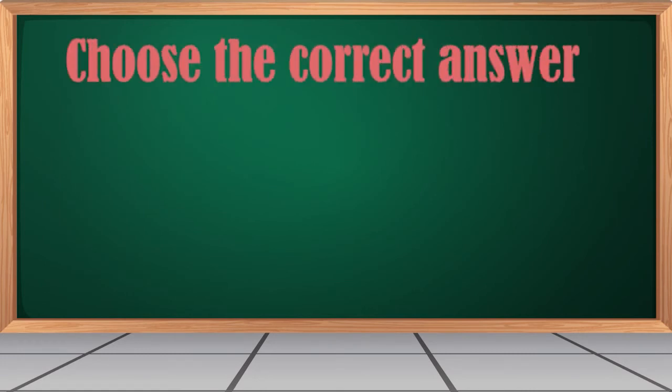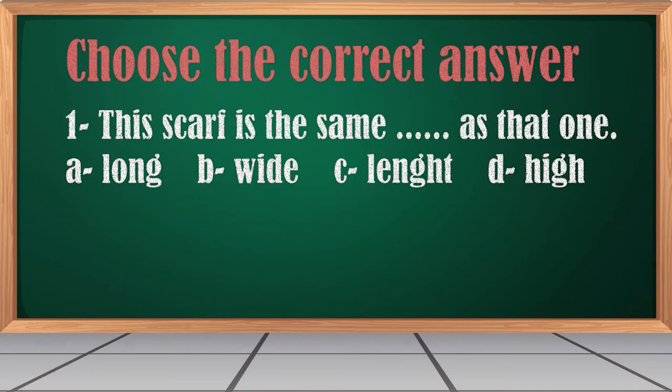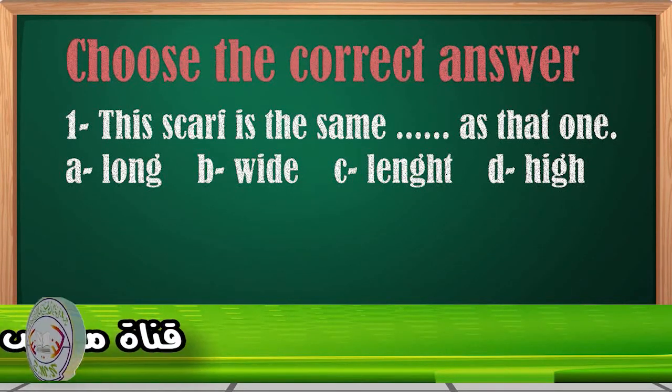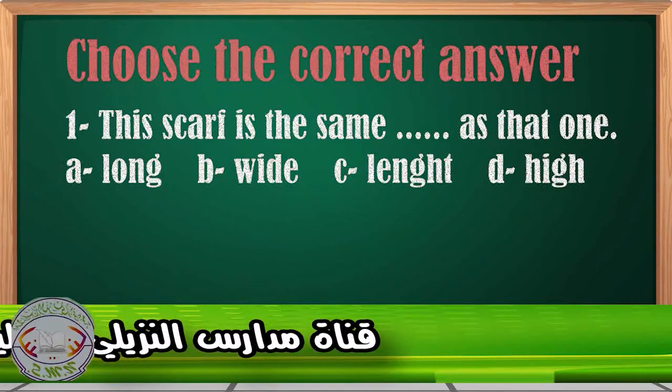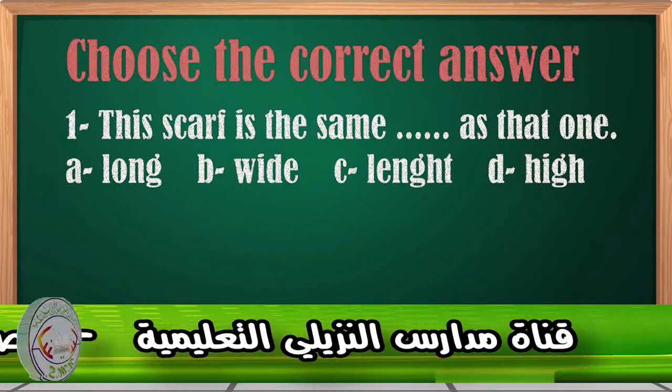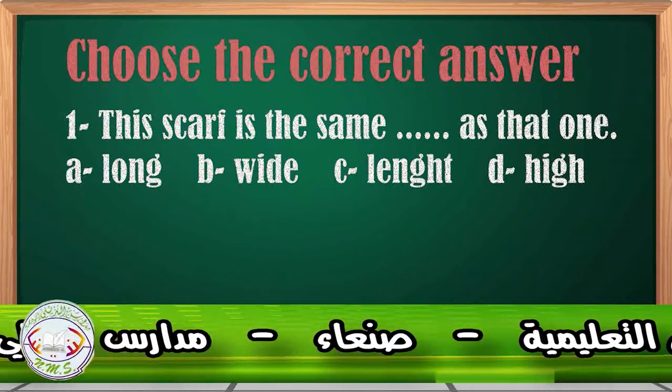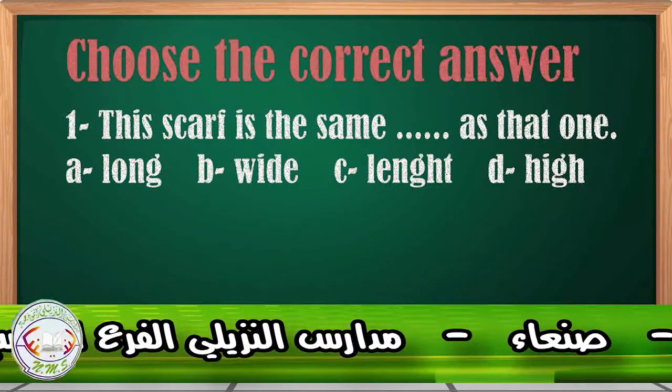Let's practice. Choose the correct answer. Number 1. This scarf is the same, long, wide, length, high as that one. So what's the correct answer here? This scarf is the same, and you said before the same followed by noun.